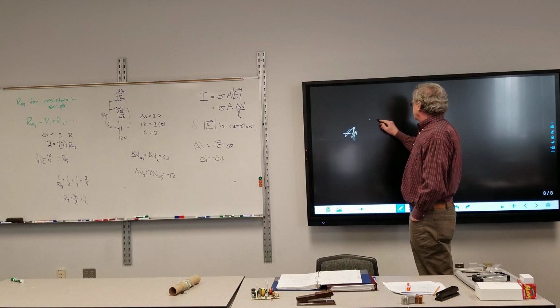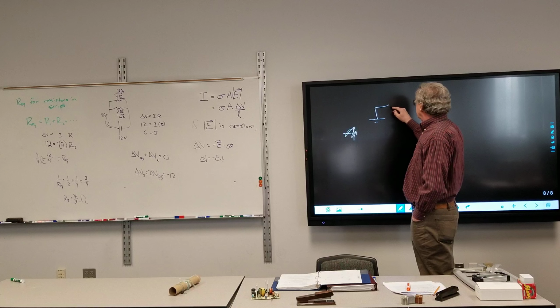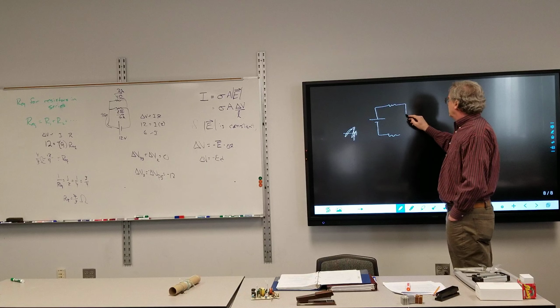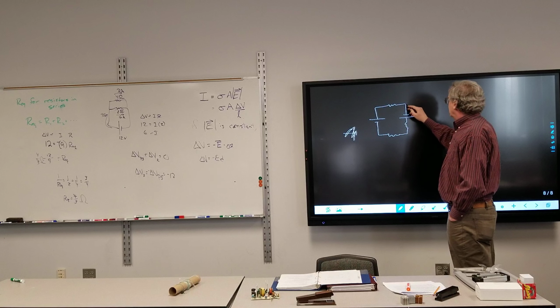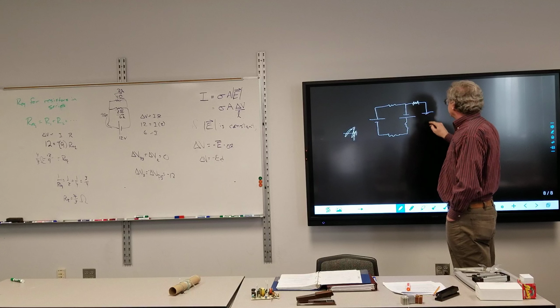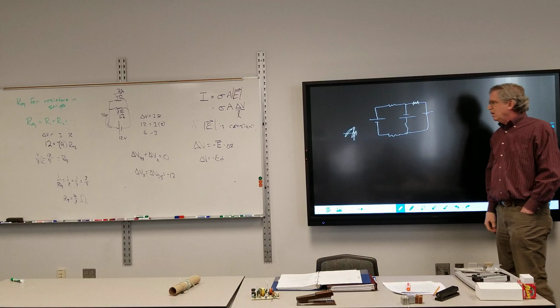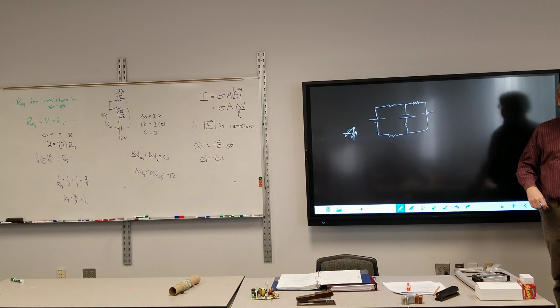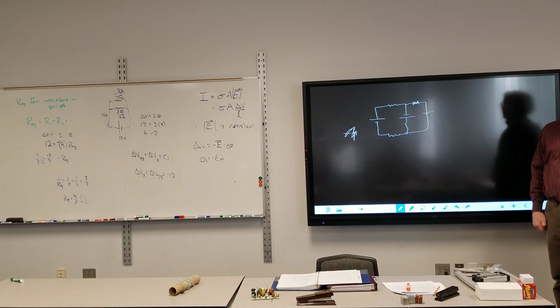We'll do it the way you're actually more likely to see it. I'll tell you the resistances of the 4 resistors, I'll tell you the 3 voltages, and then you'll figure out what the current is flowing through each of the branches. That's where we're heading.